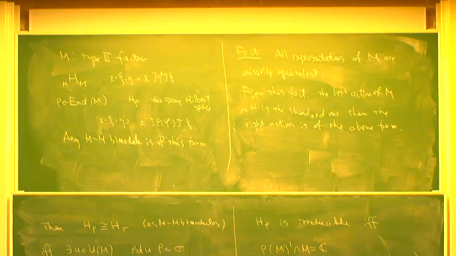The fusion product is a rather complicated operation, but under this identification, it is identified with a very simple notion of a composition of endomorphisms. So this is one advantage to study bimodules using endomorphisms.